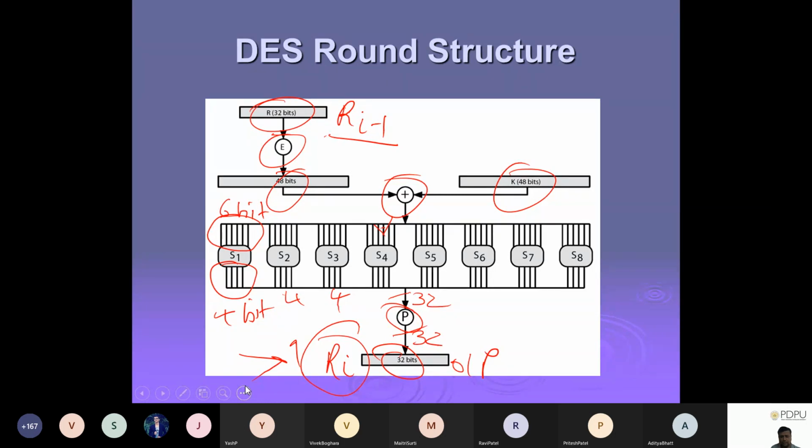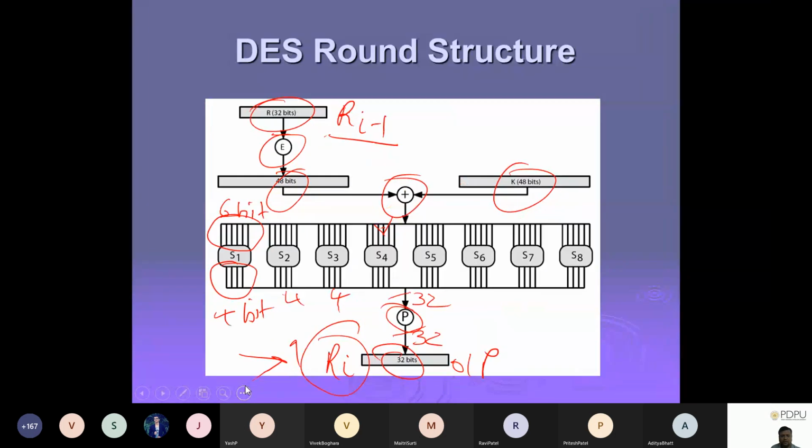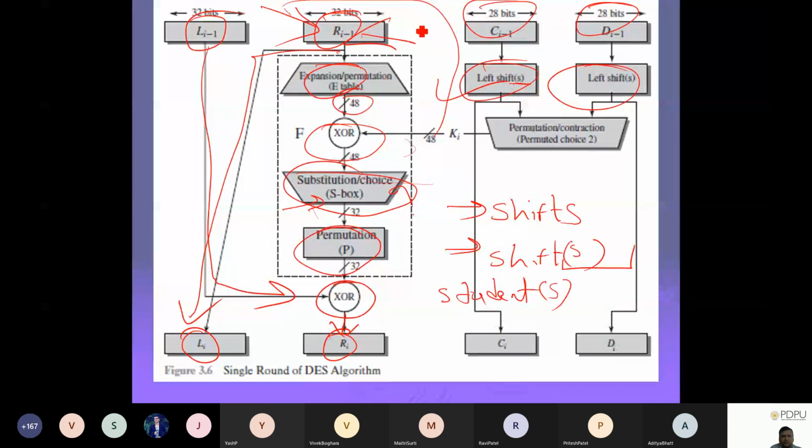Any suggestions from anyone? I just want the difference between this diagram and this diagram. If something is missing, I'm claiming that I have started with Ri minus 1 and this is Ri. This one is my Ri minus 1 in this diagram and this one is Ri.